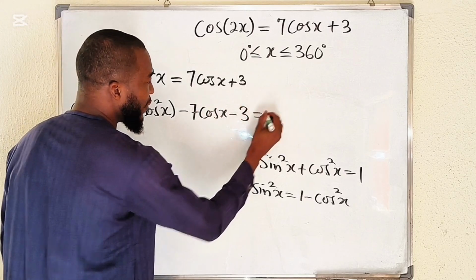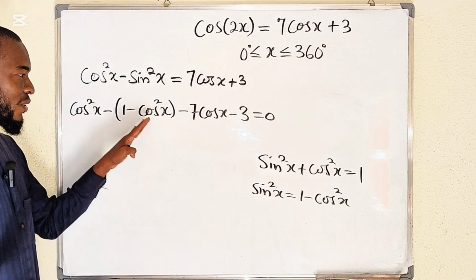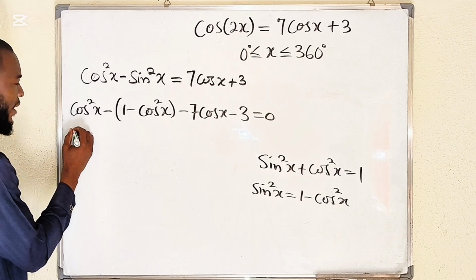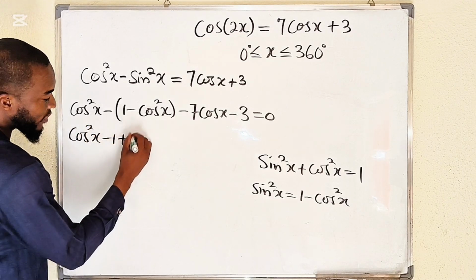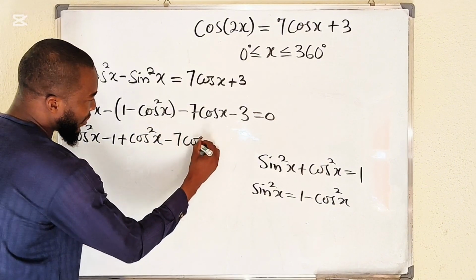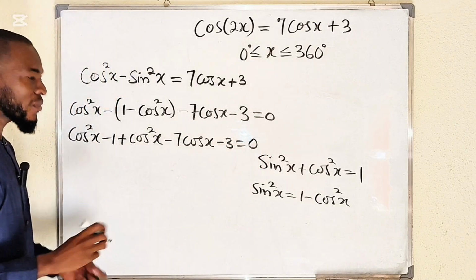And the whole of this equals 0. This minus is going to affect every single term here. So this becomes cosine squared x minus 1 plus cosine squared x minus 7 cos x minus 3 equals 0.